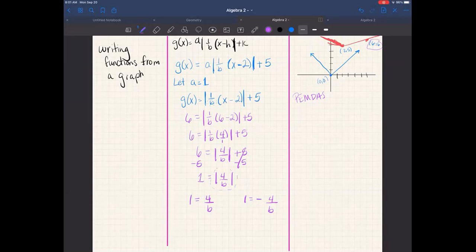Divide both sides by 4. Not divide both sides by 4. Multiply by B. I want to get rid of the B. So I'm going to multiply both by B, because they're both the same steps, right? What I do to one side, I do to the other. And this is convenient because since it's times 1, all it tells me is B is equal to 4, B is equal to negative 4.